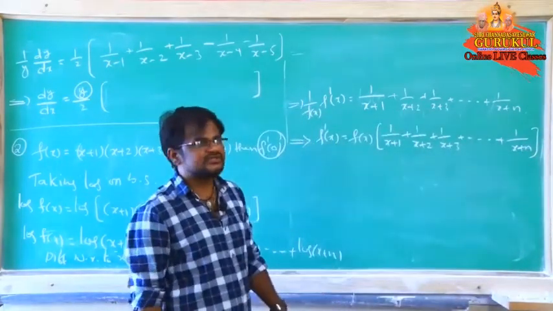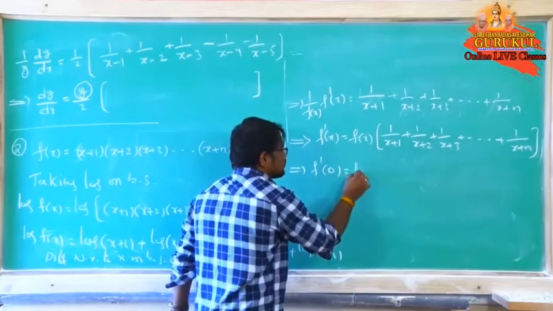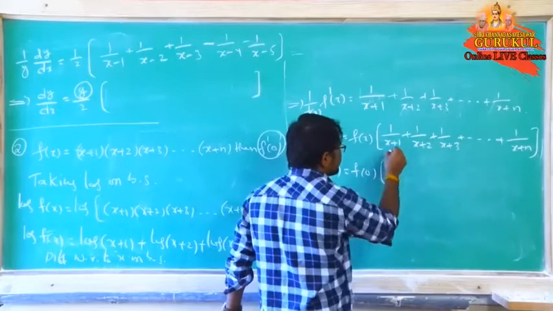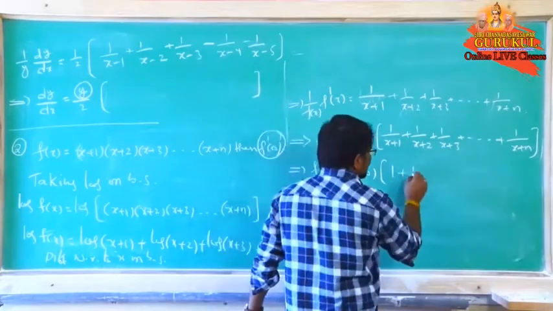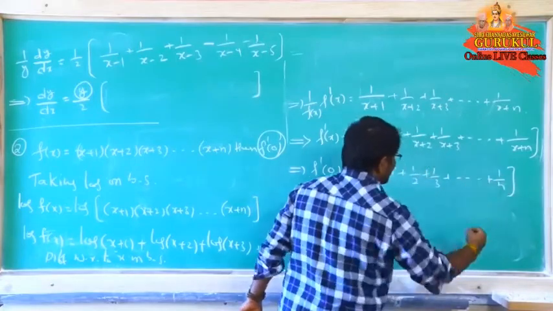Now put x equal to 0. F dash of 0 equals f of 0 into (1 plus 1 by 2 plus 1 by 3 plus etc. plus 1 by n).